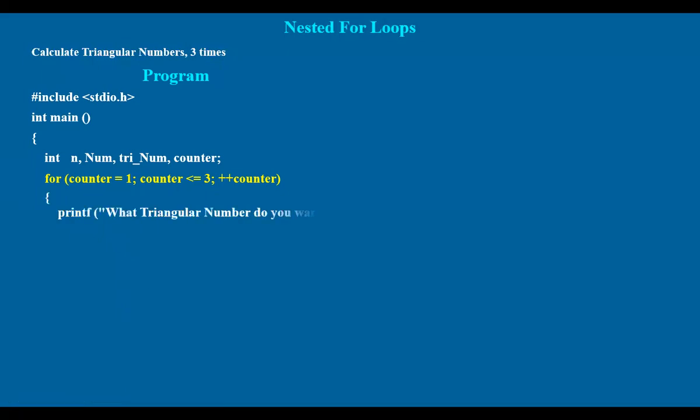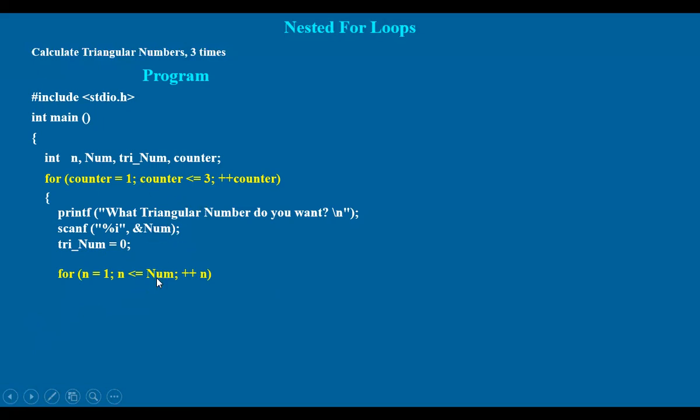Now let us see what triangular number you want first. That is taken as number, right? The triangular number is initialized to 0. Its initial value is 0. And now the inner for loop starts. This loop repeats number of times, the number we have read here.